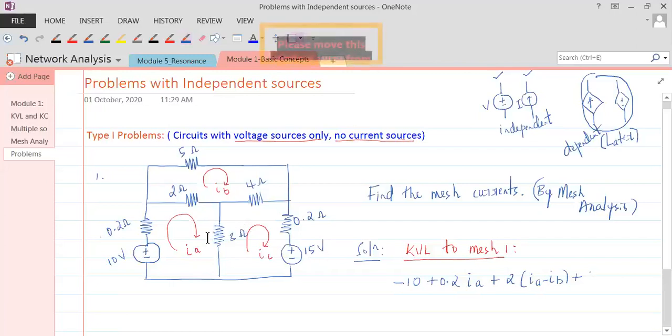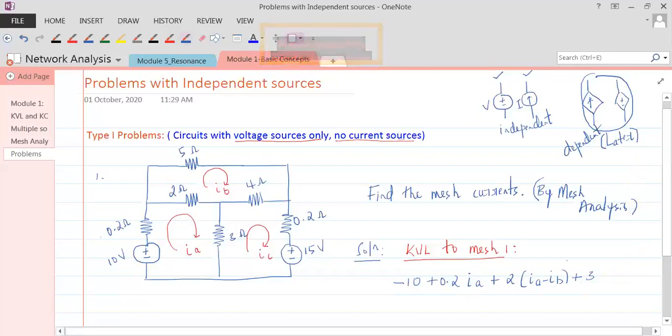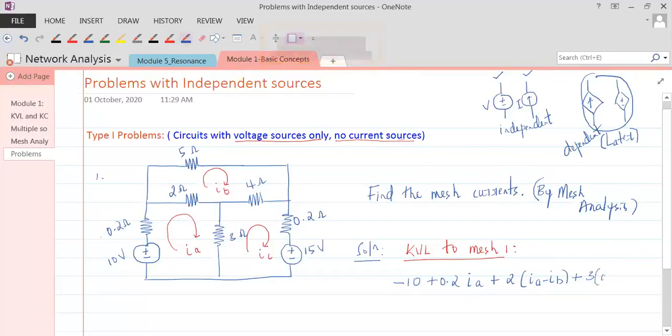See here, through this what's happening? IA is coming downwards, whereas IC is moving upwards. Since I'm in mesh 1, I have to consider IA as positive because I'm also moving downwards. IA is moving downwards, but IC is moving upwards. So it is 3 into IA minus IC equal to 0.